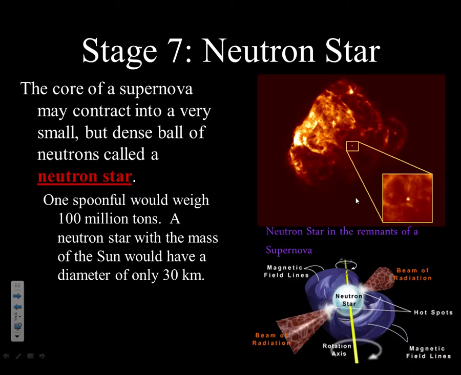The core of the supernova then may contract into a very small but dense ball of neutrons called a neutron star. You see one in this picture. One spoonful of a neutron star would weigh 100 million tons. A neutron star with a mass of the sun would have a diameter of only 30 kilometers.